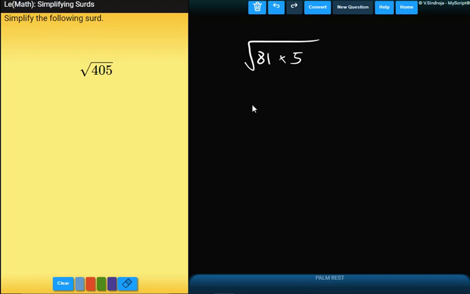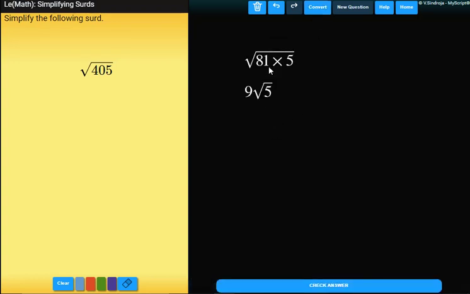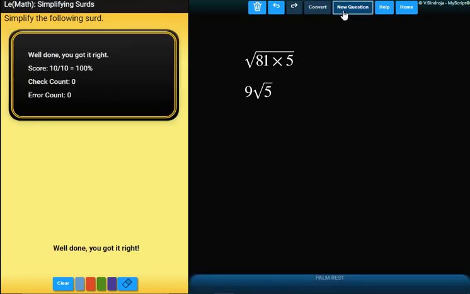Now you could write root 81 root 5, but I don't bother doing that because I know 81 square rooted is just going to come out to be 9, and the 5 stays in the square root, and there's your answer. So you can skip bits, and when you get really good at these, you'll be able to just write the answer down. Okay, that's fine.